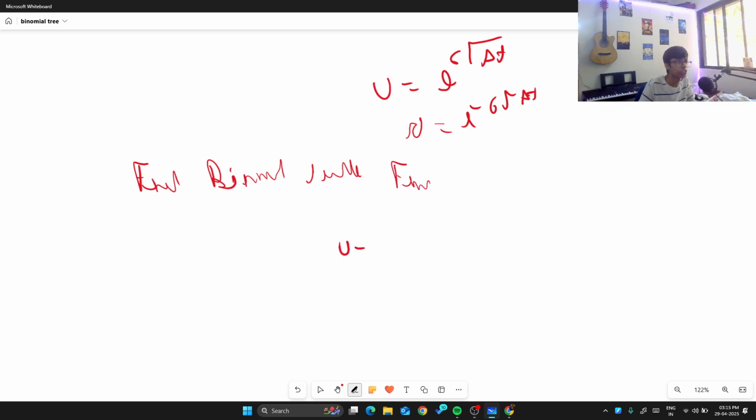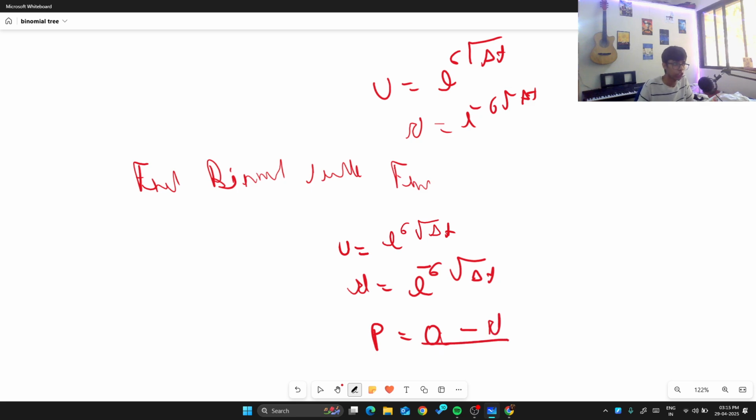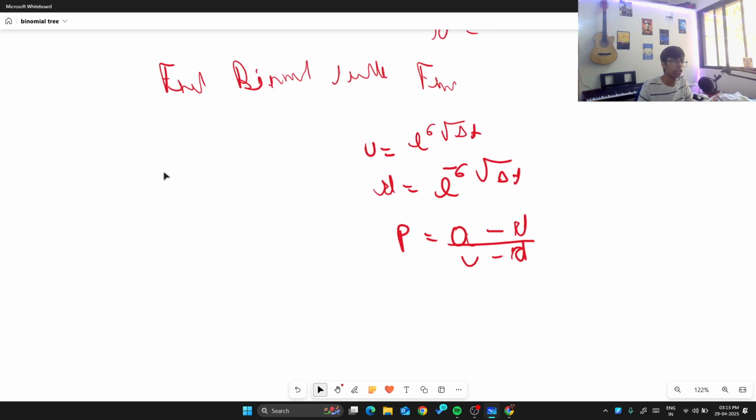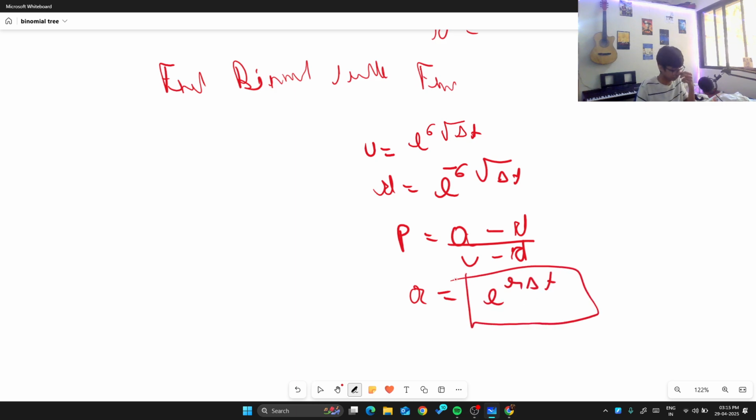Our u is exponent of sigma root delta t, our d is exponent of negative sigma root delta t, and the probability equals (a minus d) over (u minus d), and a equals e to the power r delta t, right?